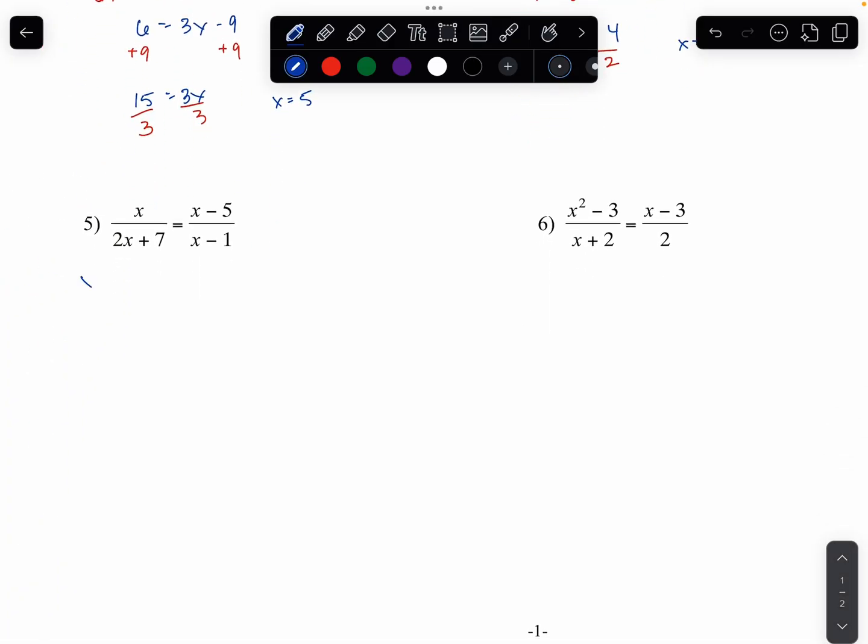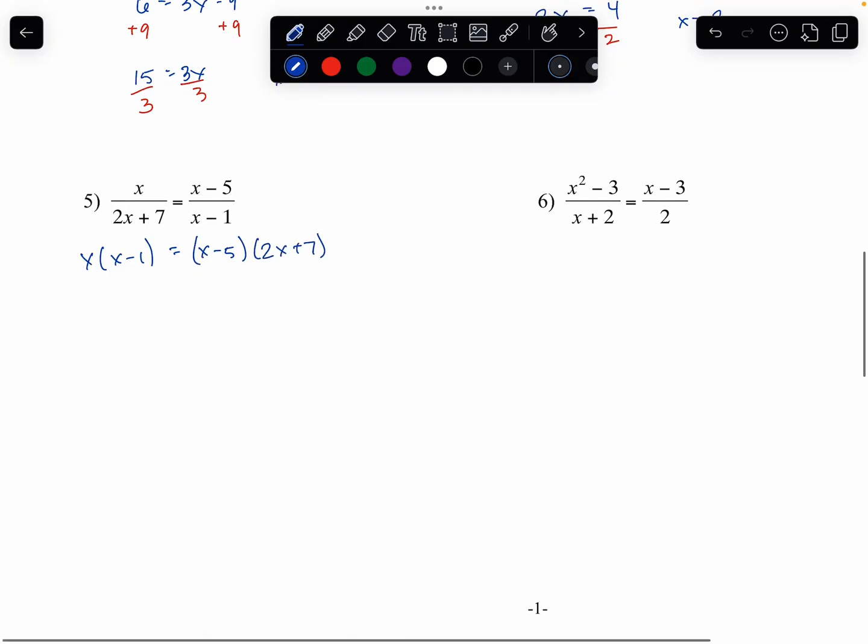Okay, and then I'll do x times x minus 1 equals x minus 5 times 2x plus 7. Now in this case, when I distribute, I get x squared minus x, and then I'll have to FOIL this side.